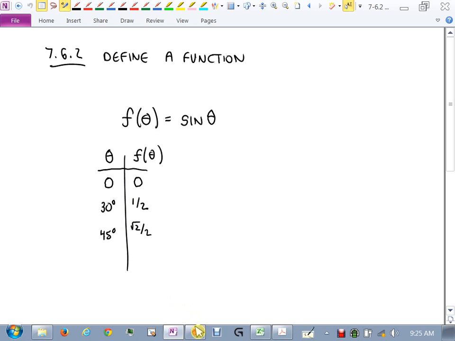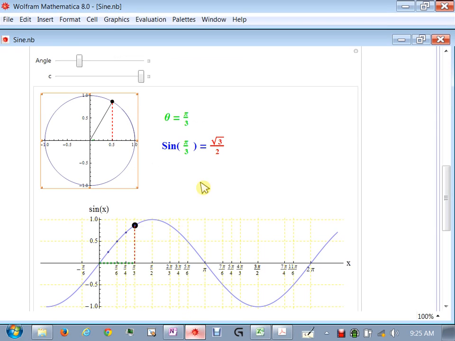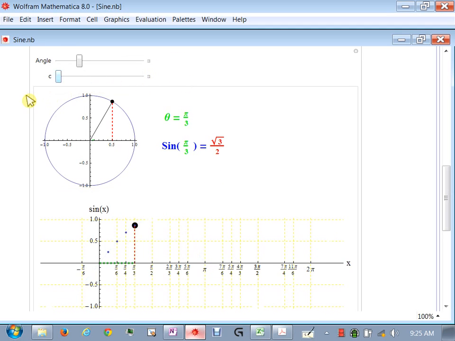Okay. And then what I did is I brought this up, and this was how we could relate the actual unit circle to the graph. So these are two completely different pictures, but they are giving you kind of the same information. For this unit circle, sine of the angle is always which coordinate?